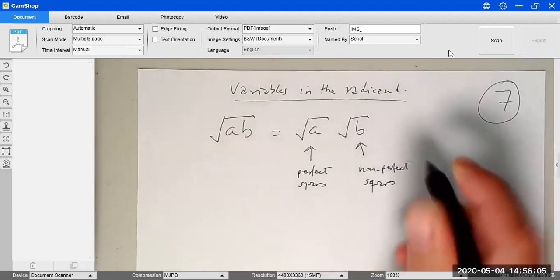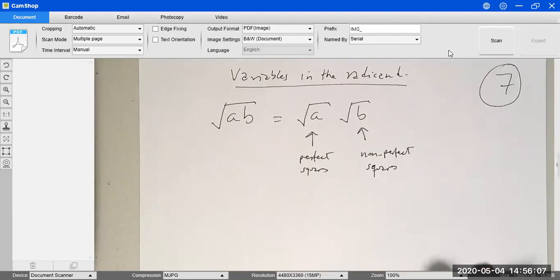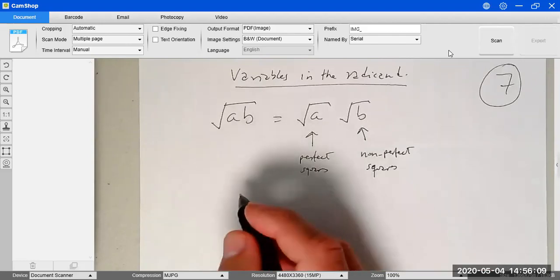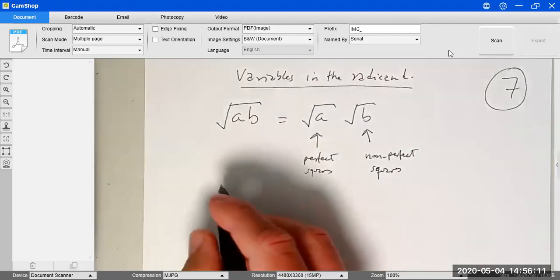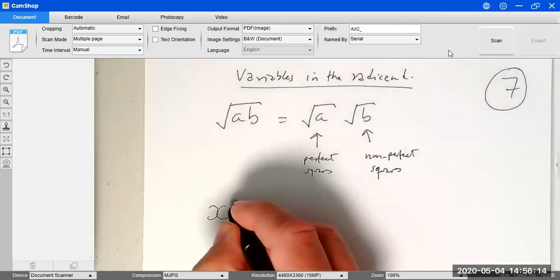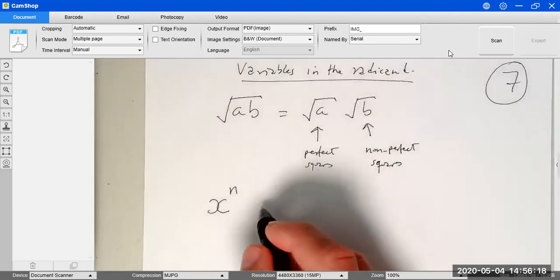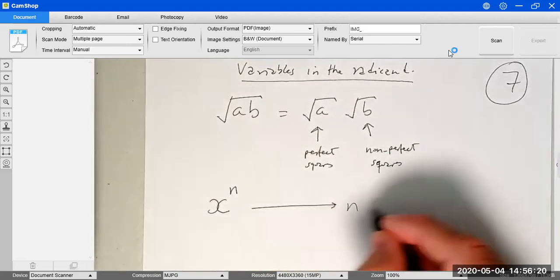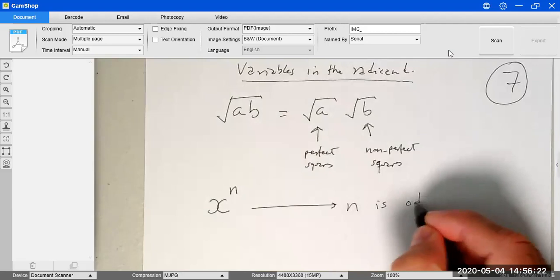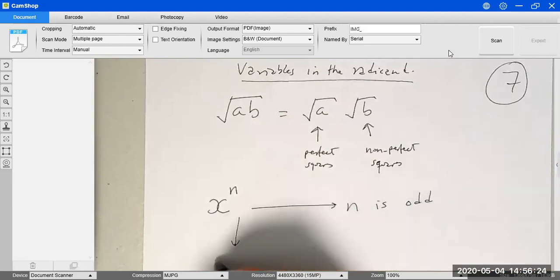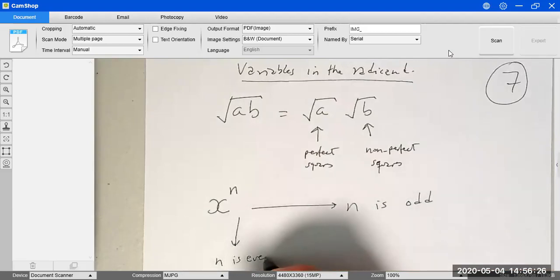So when we have variables, we're going to pay a lot of attention to their exponents. So for example, let's say this is a variable and this is the exponent. So there are only two possibilities. Either n is odd or n is even.